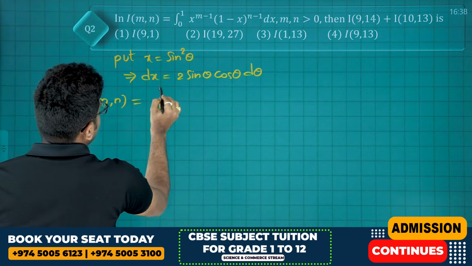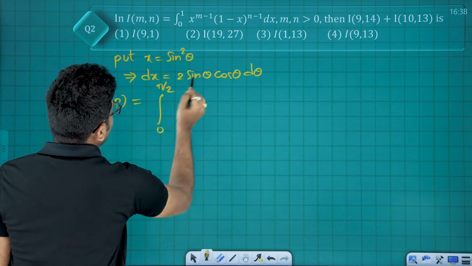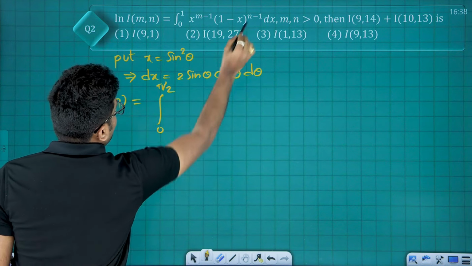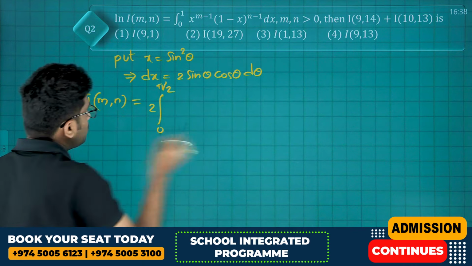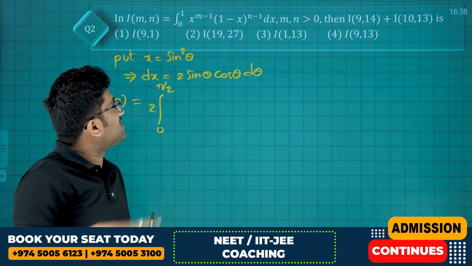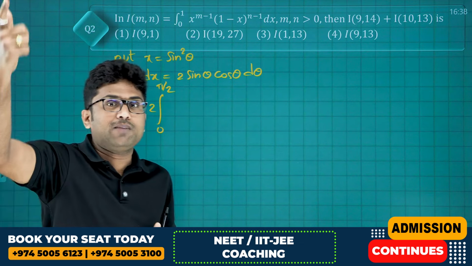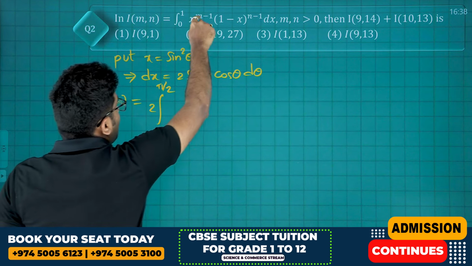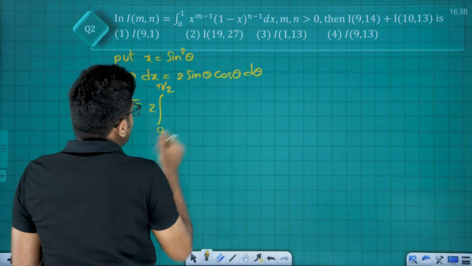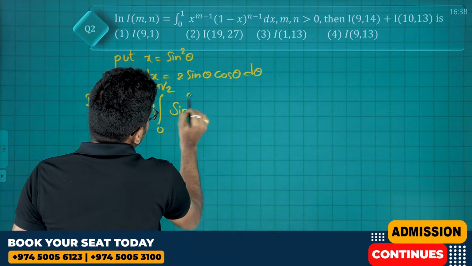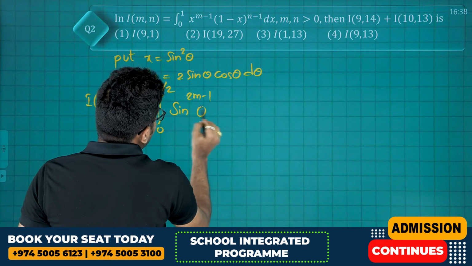If x is 1, theta is pi by 2. So 0 to pi by 2, x power m minus 1. See, for dx it is 2 out. x power m minus 1 means sine square power m minus 1, sine power 2m minus 2, but sine power 2m minus 2 into sine theta, so sine power 2m minus 1 theta.